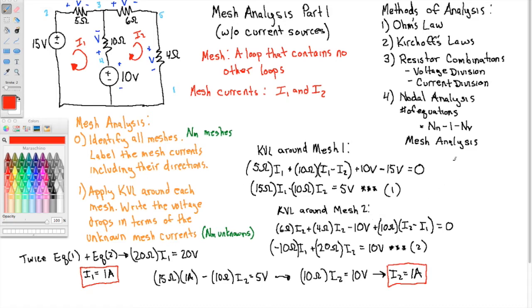So I'm going to write our results right here because I'm going to erase this work. So I1 is 1 amp, I2 is 1 amp. Again, feel free to pause the video if need be, but I'm going to erase this now.